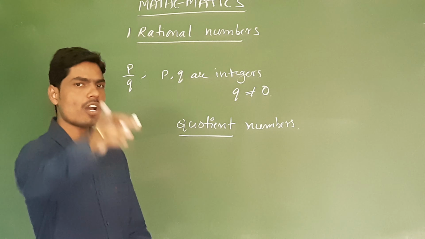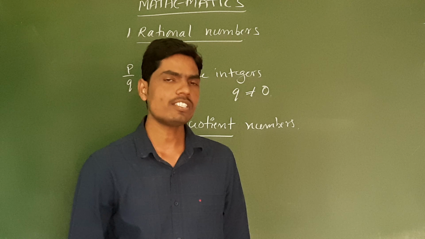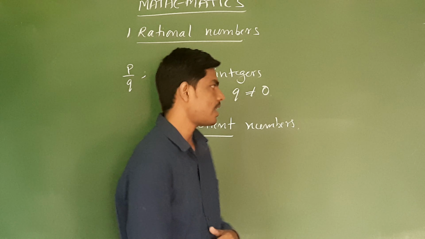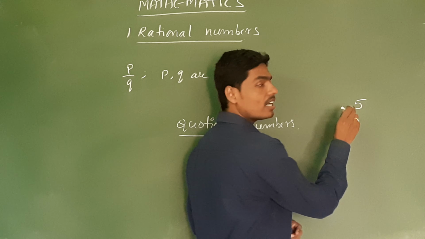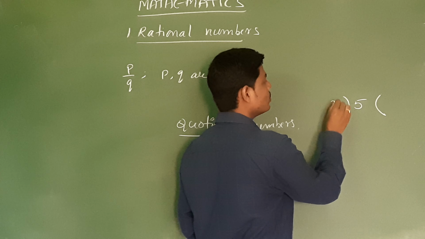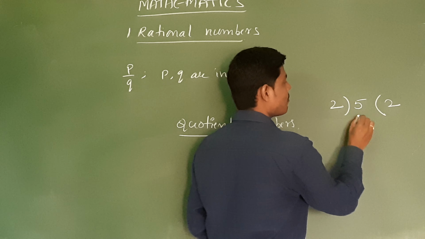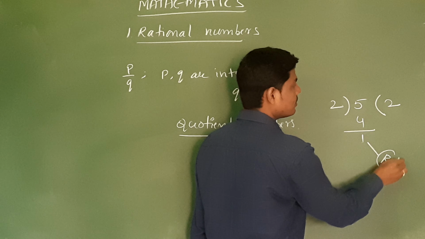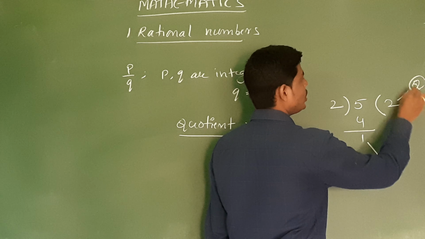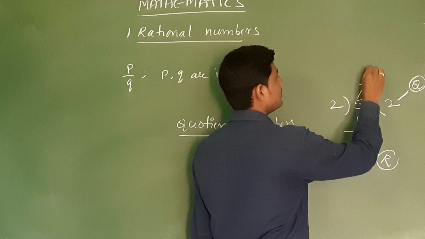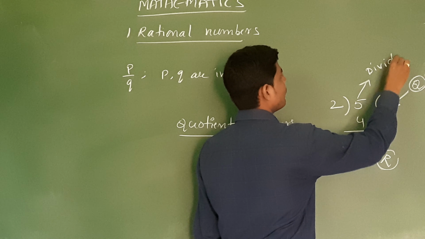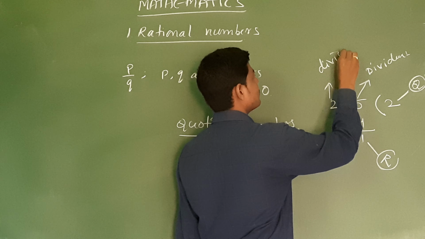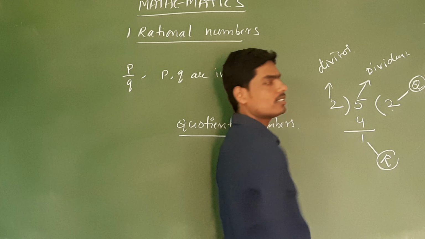Quotient. You know this word already. What is quotient? When you are dividing something. For example, 5 is the dividend, you are dividing with 2. 2 2s are 4 and 1. 1 is the remainder, 2 is the quotient, 5 is the dividend and 2 is the divisor.